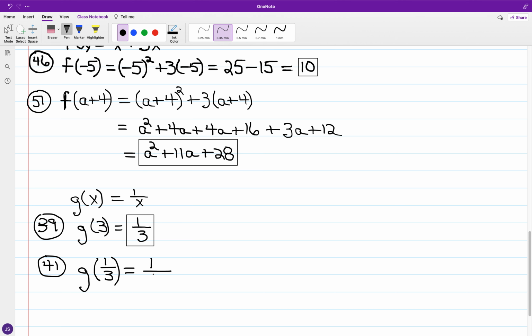So right now we got 1 over 1/3. Upon simplifying, you've got 1 divided by 1/3, and if I divide by a fraction, that's the same as multiplying by the fraction's reciprocal. And so this is going to end up at 3.